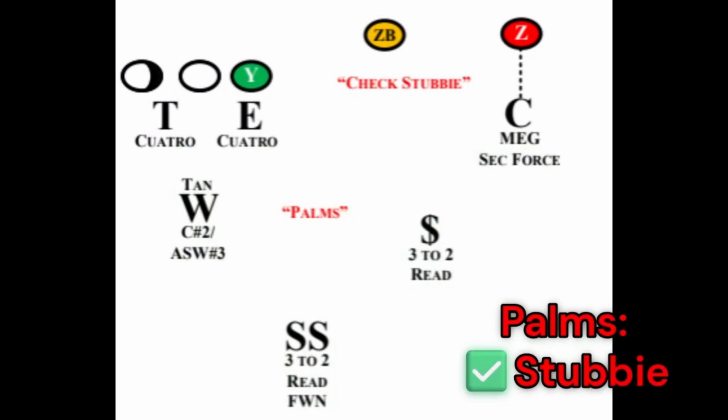Now we go ahead, if we come out in trips, right? If you know from the palms video, the game automatically checks you to stubby, okay? And stubby, you can recognize it really easily because the corner over number 1 is going to be pressed man-to-man, okay?